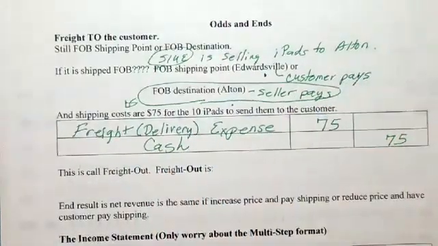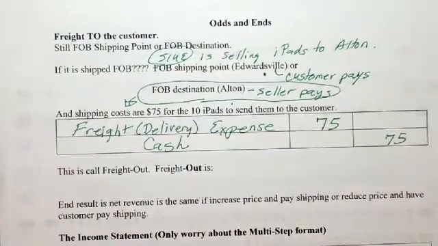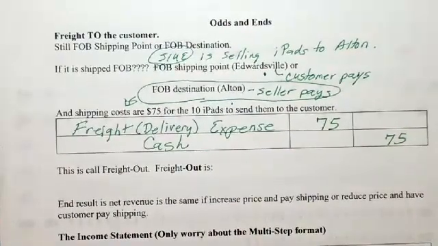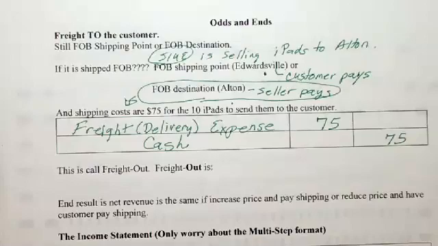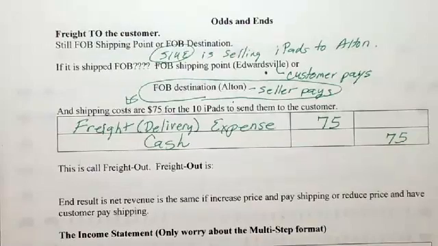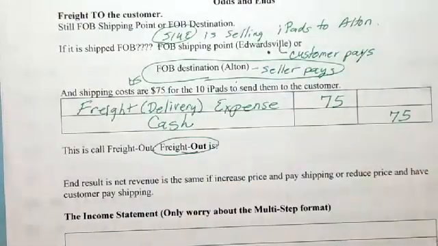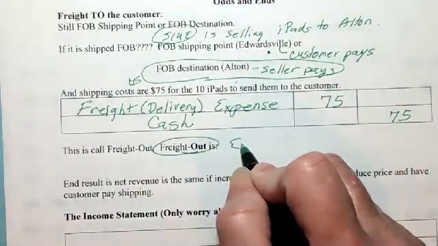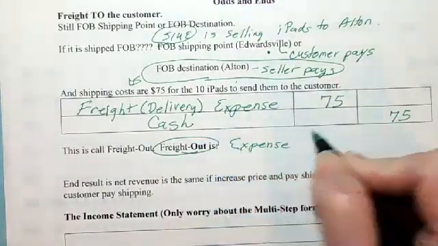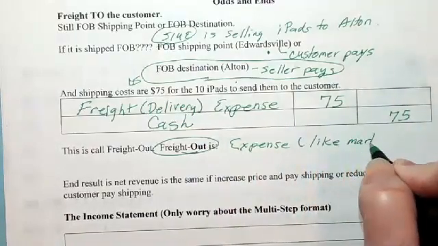So we're going to expense it rather than include it in our inventory. Inventory should be the cost to get it on the shelf. Anything after that gets expensed. Sometimes it will be called freight out, and freight out is just a regular expense like marketing.